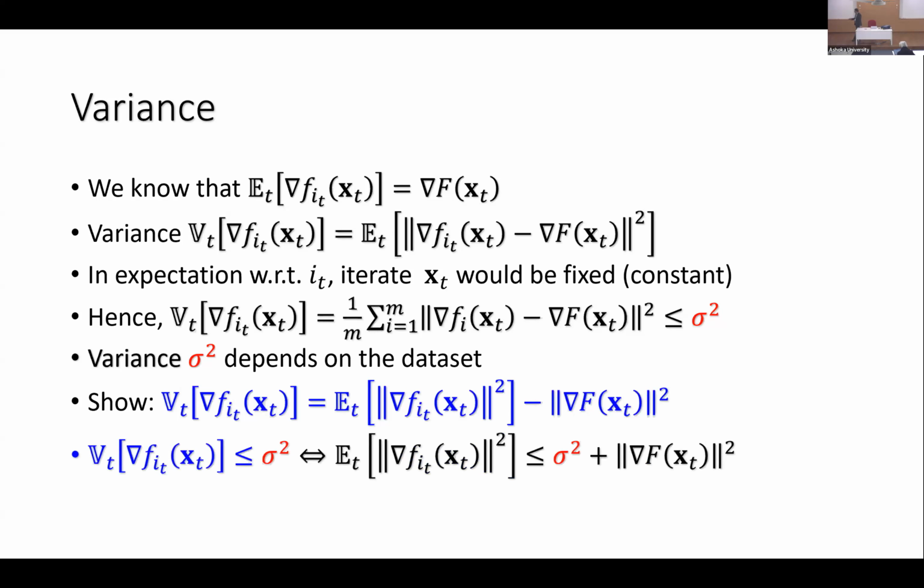And the variance of f_IT at xt, so here, this is another thing. If this is less than sigma square, then the expectation with respect to IT is less than sigma square plus this quantity, because there is a minus sign here. Okay. So this is what we will use for analysis.